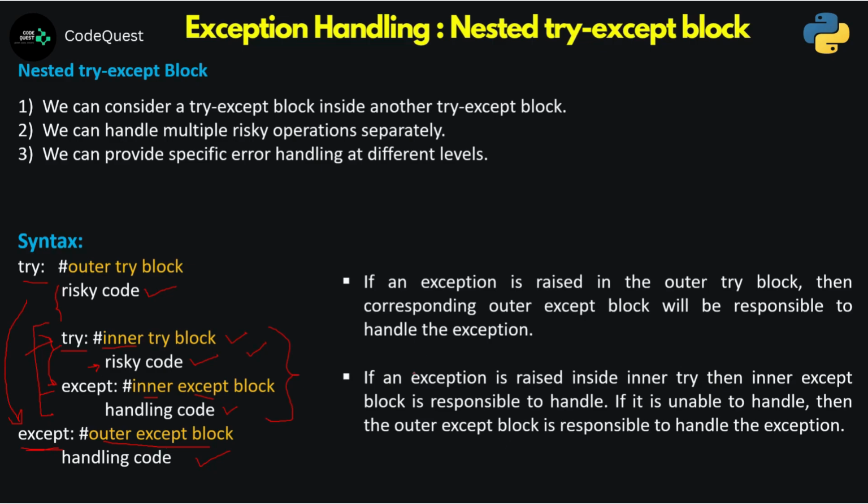So in the second scenario, if an exception is raised inside the inner try, the inner except block is responsible first, and if it is unable to handle it, then the outer except block is responsible. Now what if both inner and outer except blocks are unable to handle? That will again simply lead to the abnormal termination of the program.